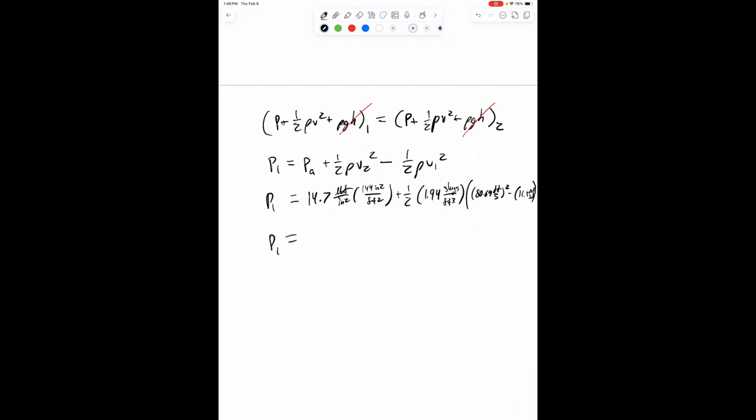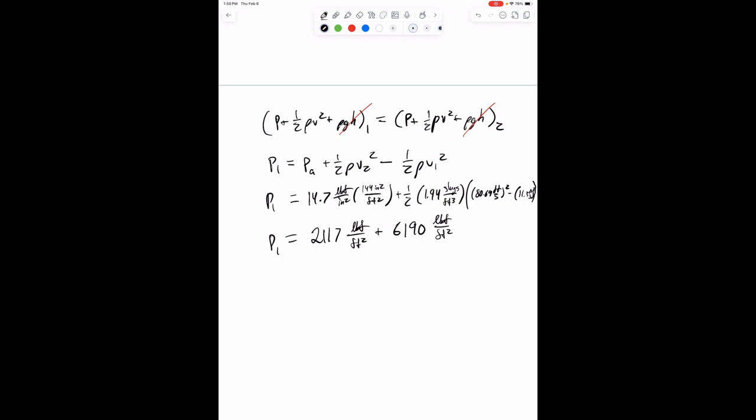Therefore, the pressure upstream needed to maintain this flow and the acceleration of the fluid should be: atmospheric pressure is 2,117 pound force per feet squared, and the pressure difference due to accelerating the flow would be 6,190 pound force per feet squared.